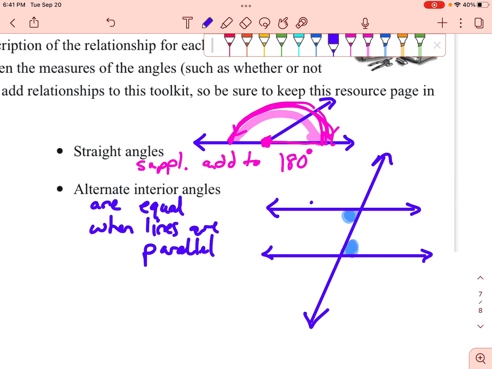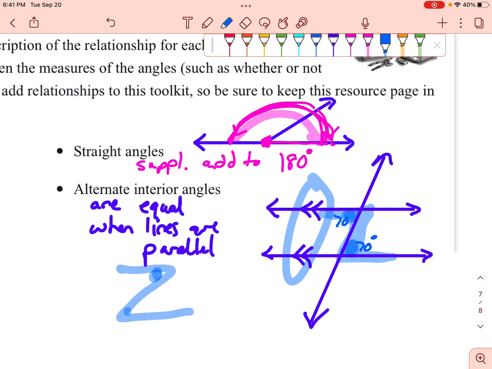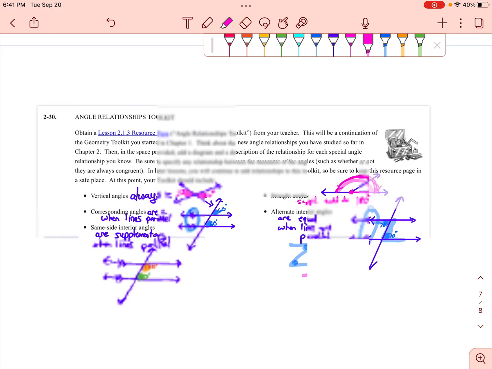And again, those are only equal if you see these parallel marks right here. So again, if this is 70 degrees, this has to be 70 degrees. And again, I call those my Z angles, my Zorro Z angles. So you can draw little Z's, okay, like that. And then you can draw the Z's going the other way as well. Those are your alternate interior angles, okay?